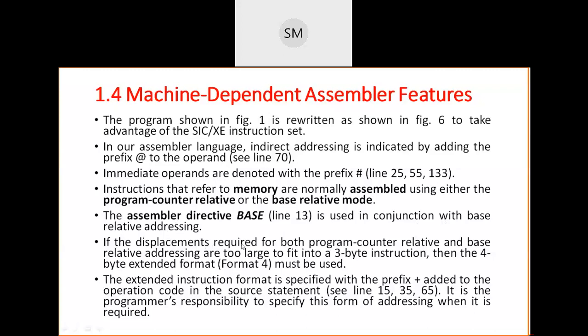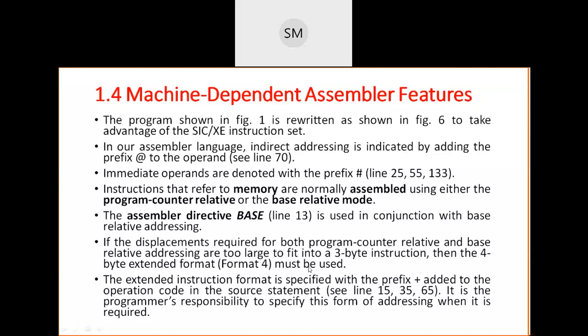Very important points I am going to discuss today. If the displacements required for both program counter relative and base relative addressing are too large to fit into the 3-byte instruction, then the 4-byte extended format can be used.